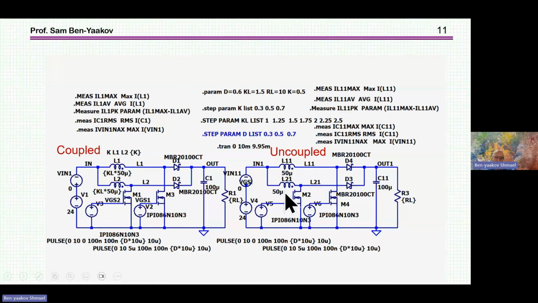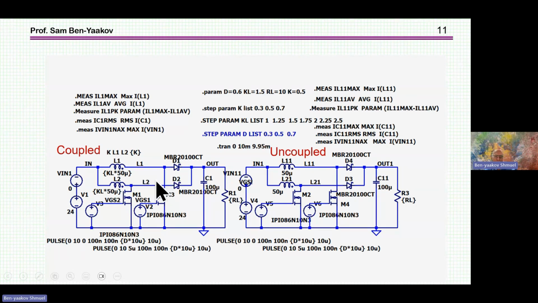There's no coupling here. The dots, again, are just the LTspice notation. There's graphics that does not indicate coupling. The coupling is indicated by this directive. Here is coupling between L1 and L2 with the coupling coefficient. This is a parameter of, in this case, 0.5.